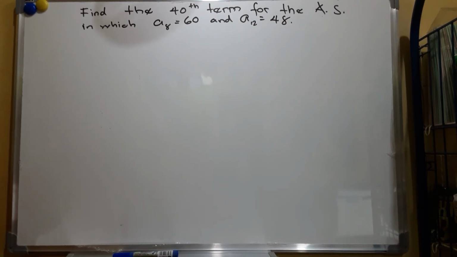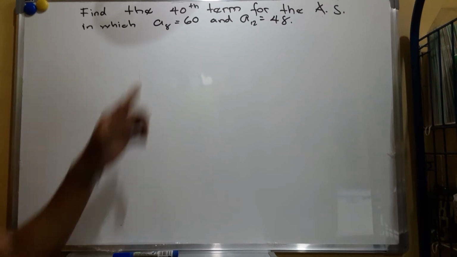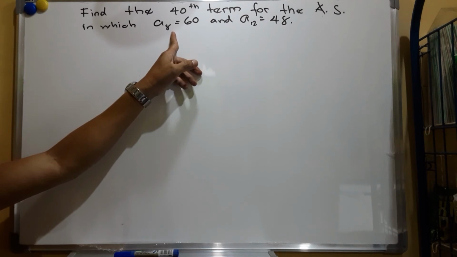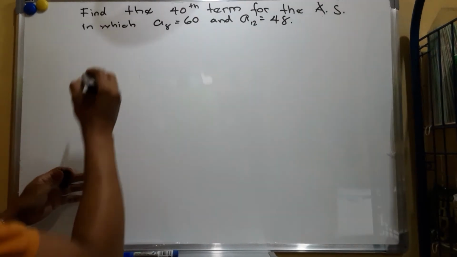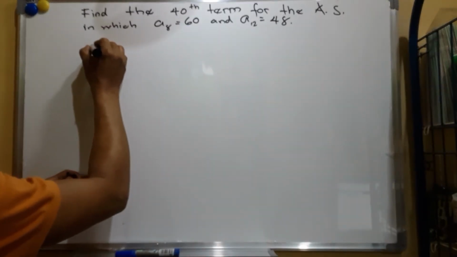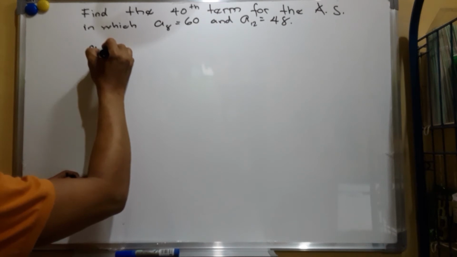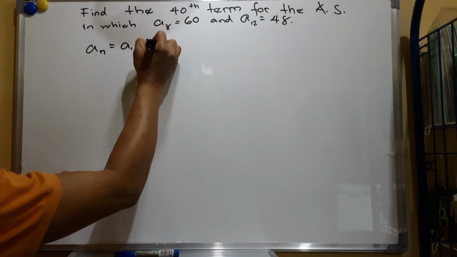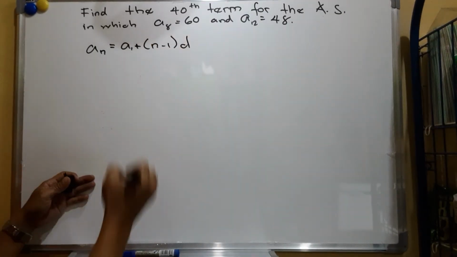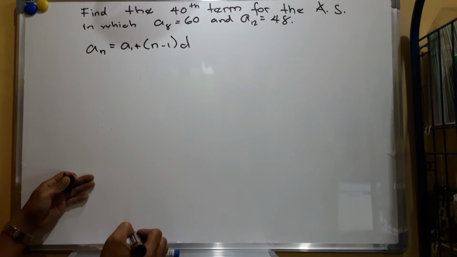First of all, we are going to substitute 60 for a sub 8 and 48 for a sub 12 in the formula. The formula is a sub n is equal to a sub 1 plus n minus 1 times d, to obtain the system of equations in terms of a sub 1 and d.